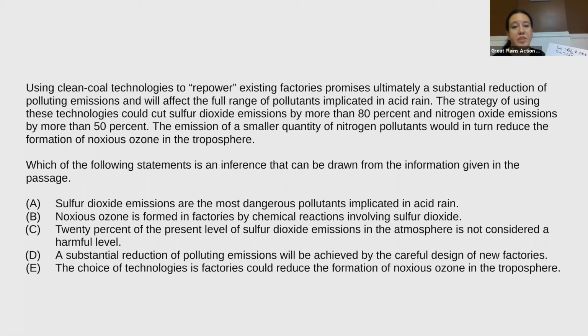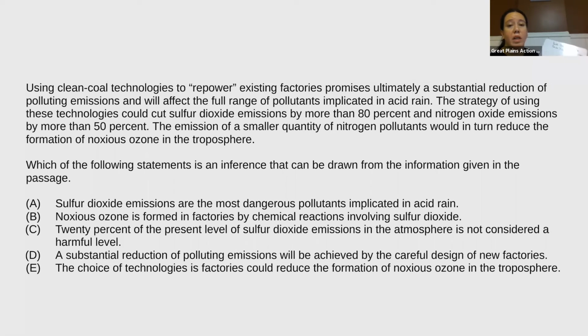And then we have the emission of a smaller quantity of nitrogen pollutants would in turn reduce the formation of noxious ozone in the troposphere. So when we say in turn, we can think in terms, again, of conditional. So something is doing something because we consider it a condition for something.